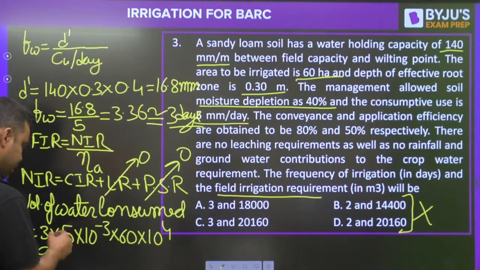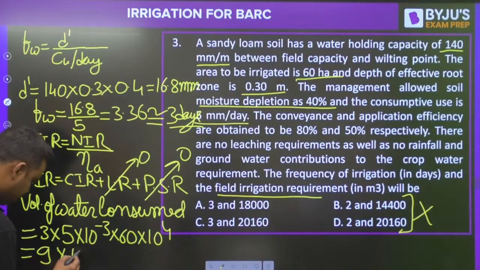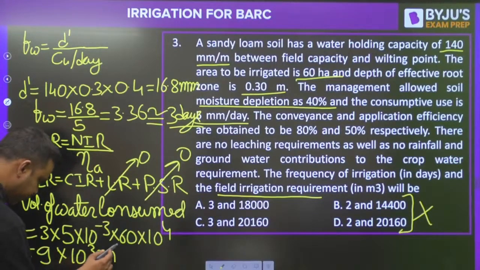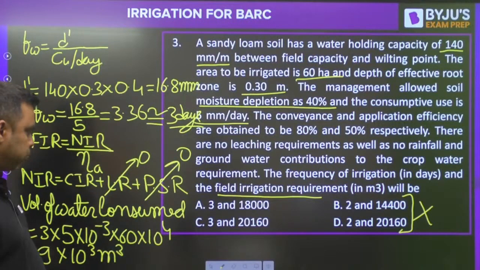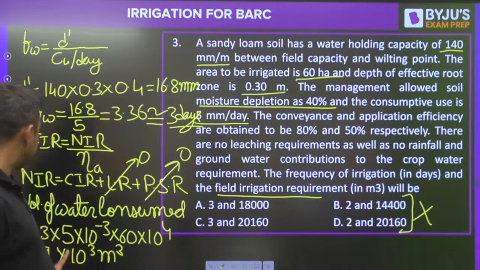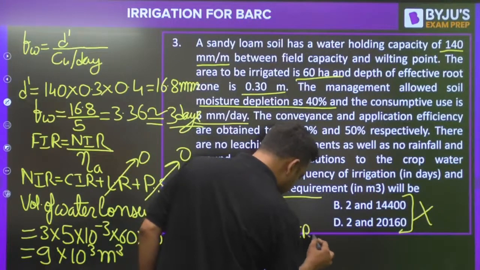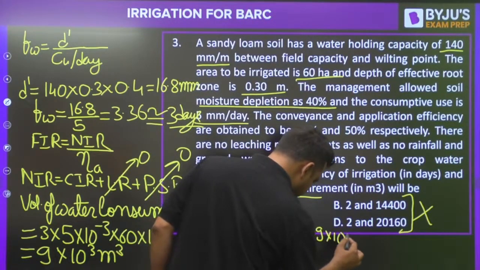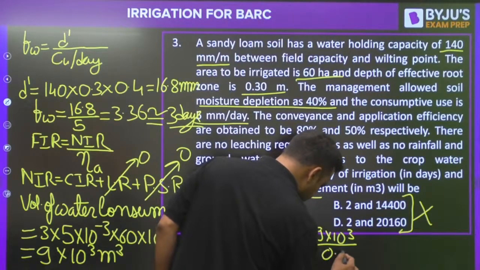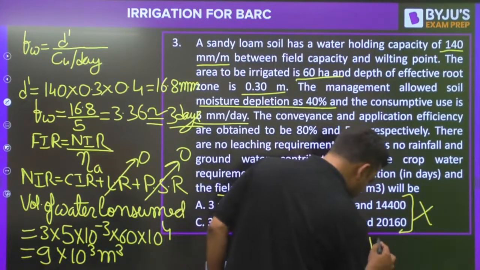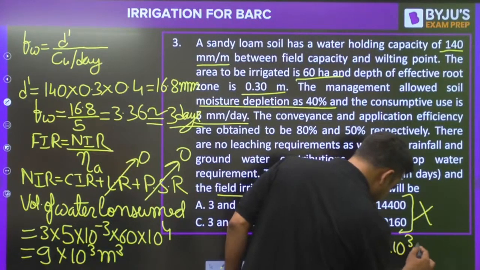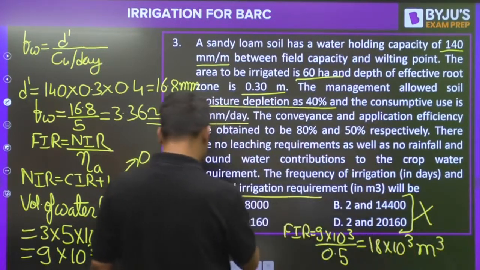And this one is 6, 5 are 30, 30, 90. So 9 into 10 to power of 3 m cube. But we need to determine FIR. So FIR will be 9 into 10 to the power of 3 divided by 0.5, that is the application efficiency. So 18 into 10 to the power of 3 m cube. Right? Answer will be A.